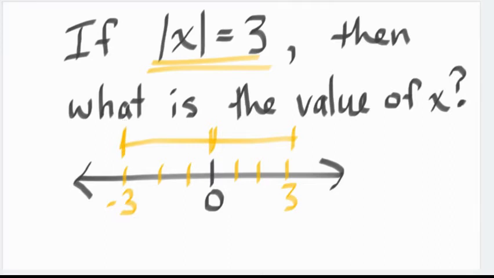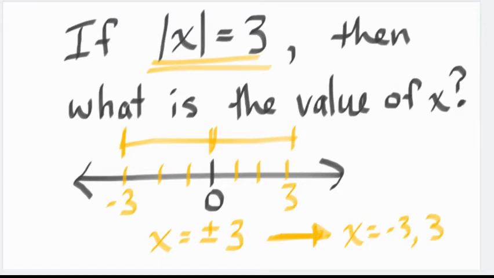So there's actually two answers here. x is equal to +3 and -3. Sometimes you'll see that written as ±3 when it's the same answer. You could also just list it out, x equals -3, 3. Either of those forms of the answer would be acceptable.